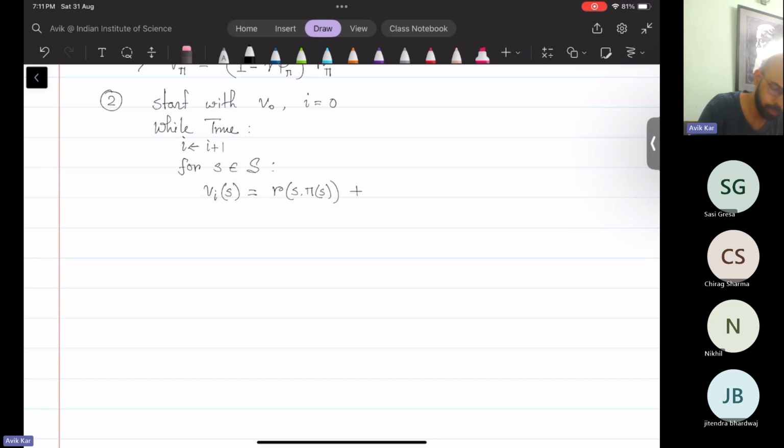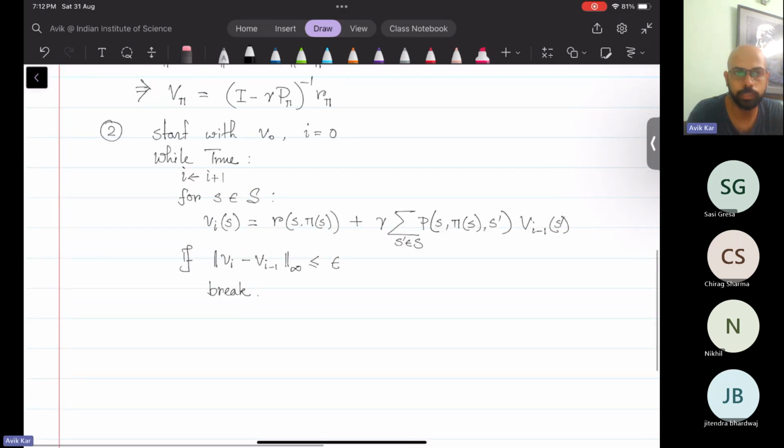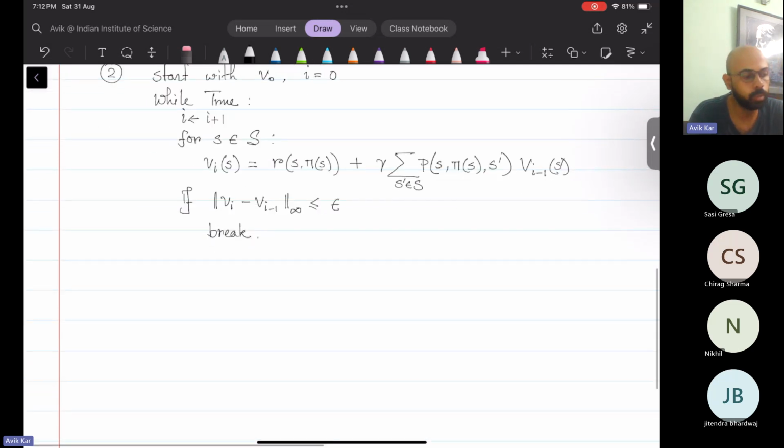Here I'm assuming that pi is a deterministic policy, but this is easily changed to randomized policies. Then a stopping condition says that if the infinity norm of V_i minus V_{i-1} goes below some parameter epsilon, then you break the while loop. So these were the two methods of evaluating a policy, given that you know the model.